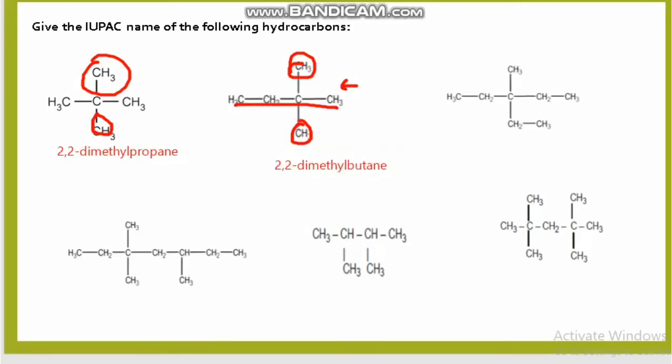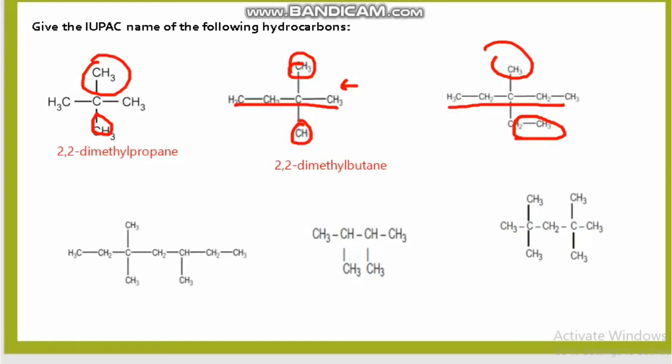Now in the third structure, we have 2 ways for the main chain. We have this one or this, either way works, but we have 2 different branches. We have the methyl and we have the ethyl. The main chain consists of 5 carbon atoms, which means that's a pentane, and the branches are methyl, ethyl.